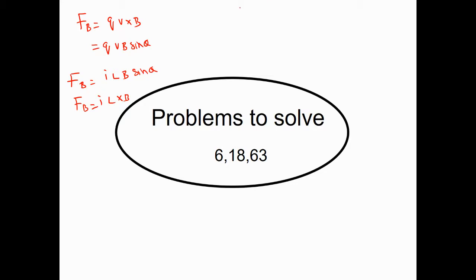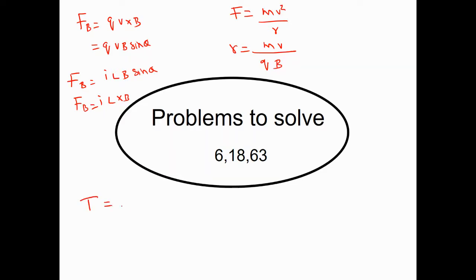And then we have to use the formula for the centripetal force, my dear. M V square over R. When you equate these two equations, you will get the radius. What's the formula for the radius? Radius is nothing but mass multiplied by speed divided by the charge multiplied by the magnetic field. And then by using this radius, we have to use the time period formula.